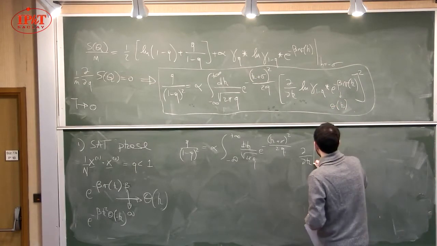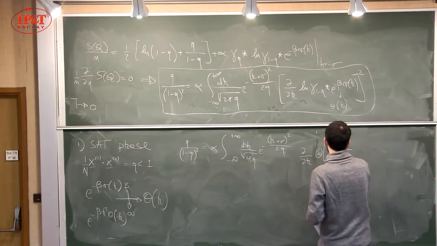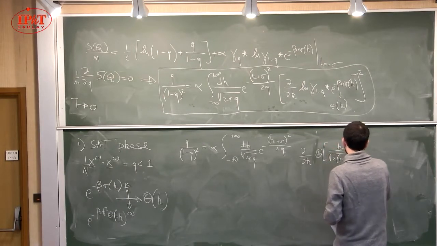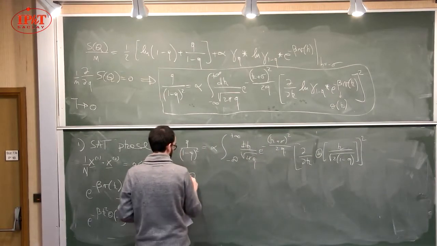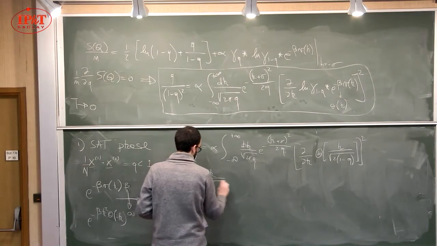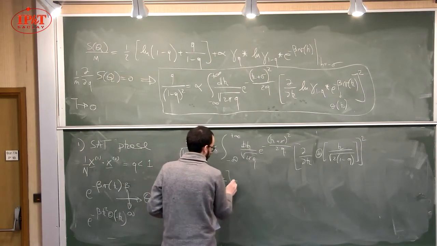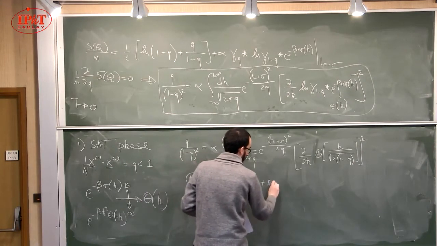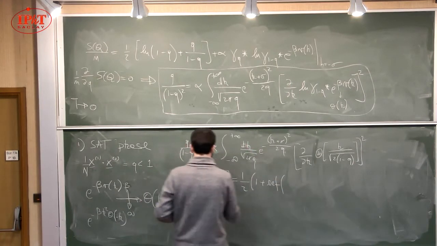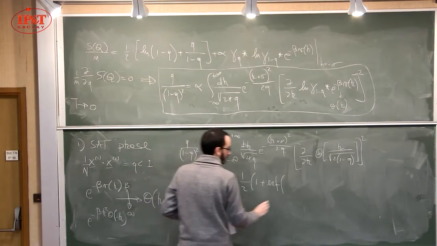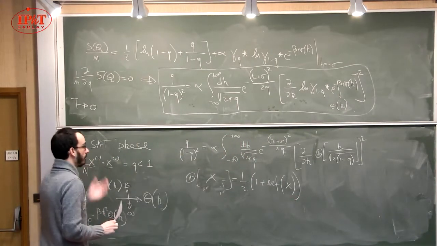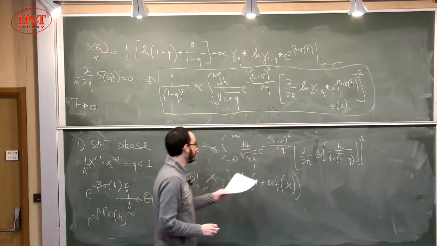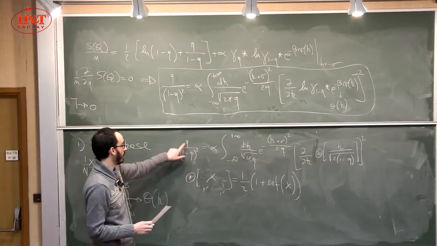You can compute it, and I call this function theta, and it is just 1/2 of 1 plus the error function of x. Okay, so you have a closed equation for the overlap Q.